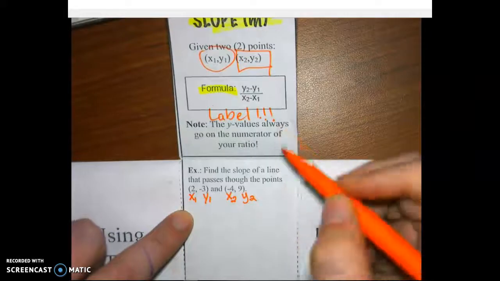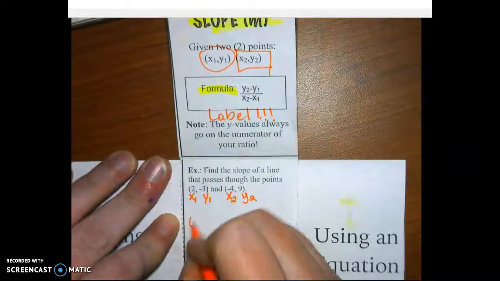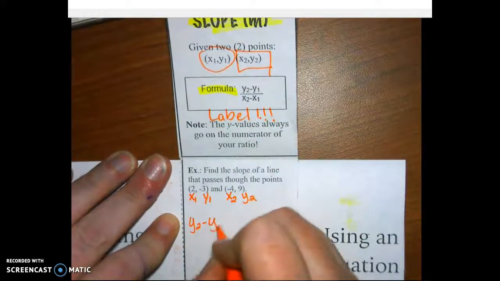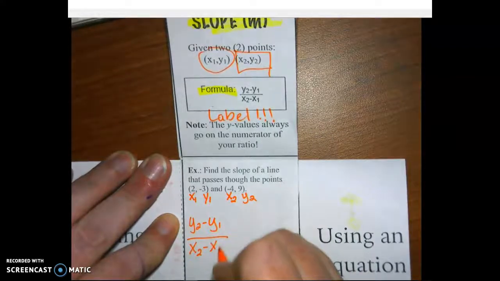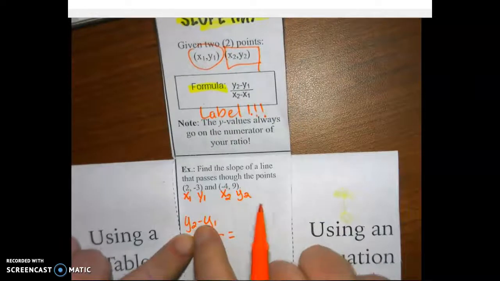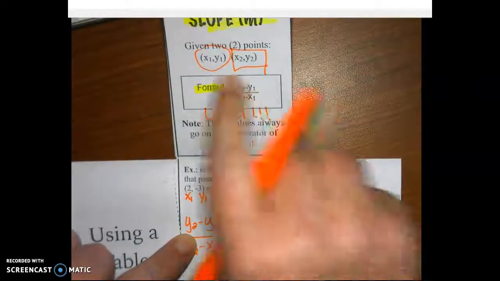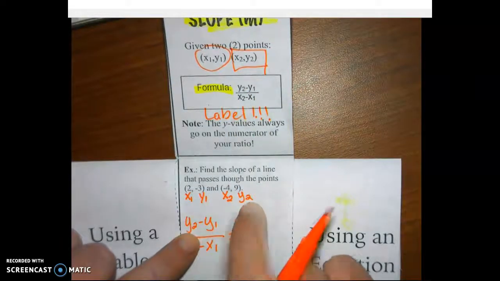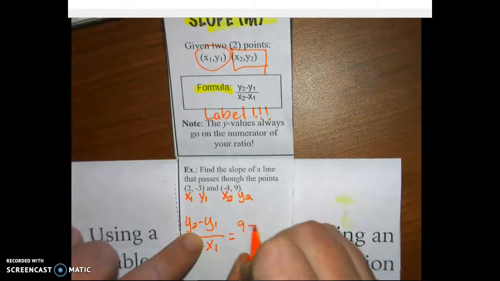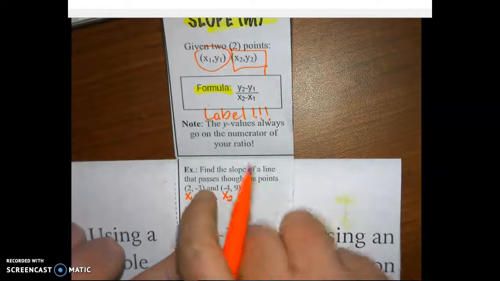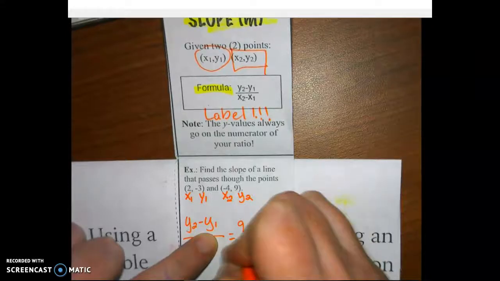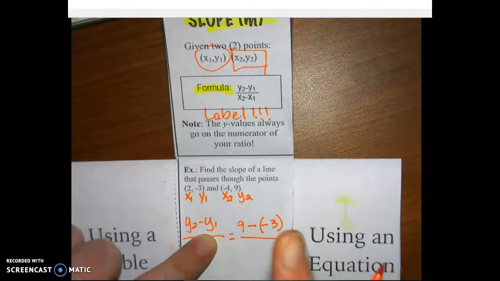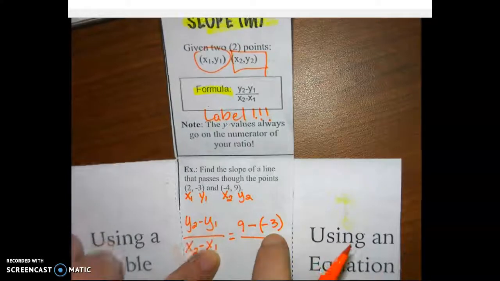Now all we do is fill in our formula. It was y2 minus y1 over x2 minus x1. Well, let's see. y2 is 9, minus y1, -3. Ooh, that's weird. I don't like that. But I'm going to put it in parentheses so I don't forget the minus and the negative. I need them both.